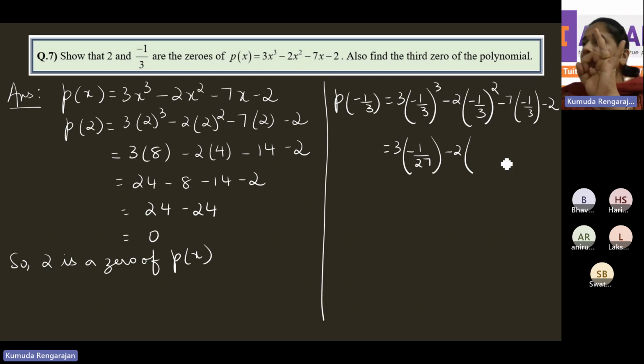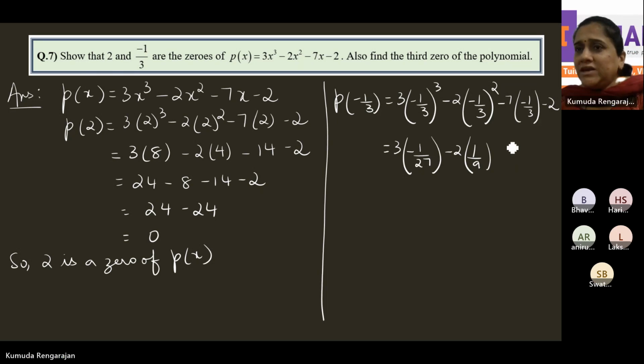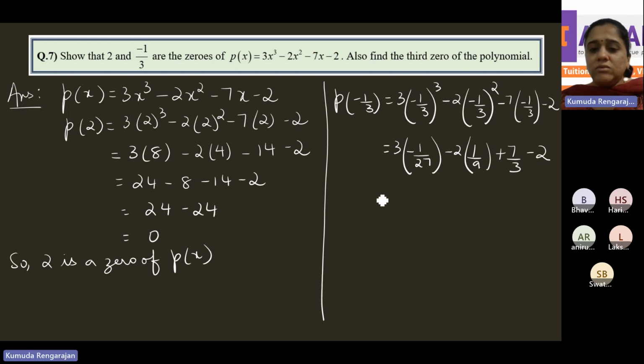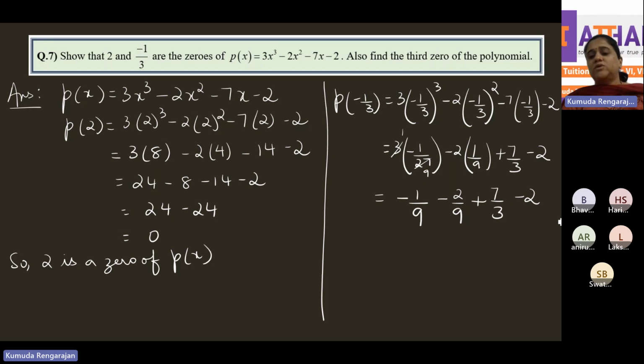Minus 1 by 3 into minus 1 by 3 is plus 1 by 9. Here you can multiply because there is no power. Minus 7 into minus 1 by 3 is plus 7 by 3, minus 2. Now simplify. 3 ones are 3, 3 nines are 27, so it will be minus 1 by 9. Here you cannot cancel, so it becomes minus 2 by 9 plus 7 by 3 minus 2. Take the LCM and you should get 0.